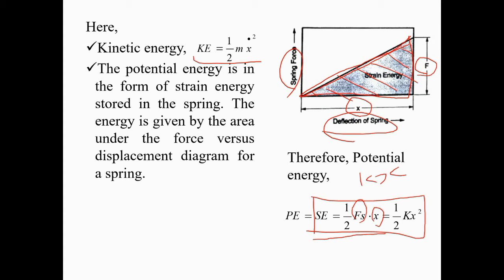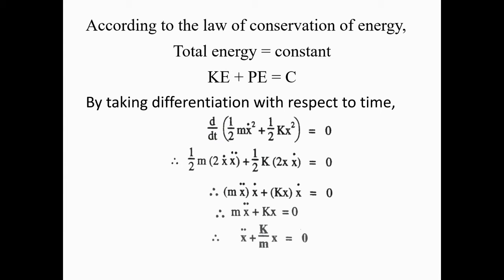Now as per the law of conservation of energy, total energy remains constant. There is only a conversion of energy from one form to another. There is no energy loss, because we have assumed that the vibration is undamped. So the total energy, which is the summation of kinetic energy plus potential energy, remains constant.